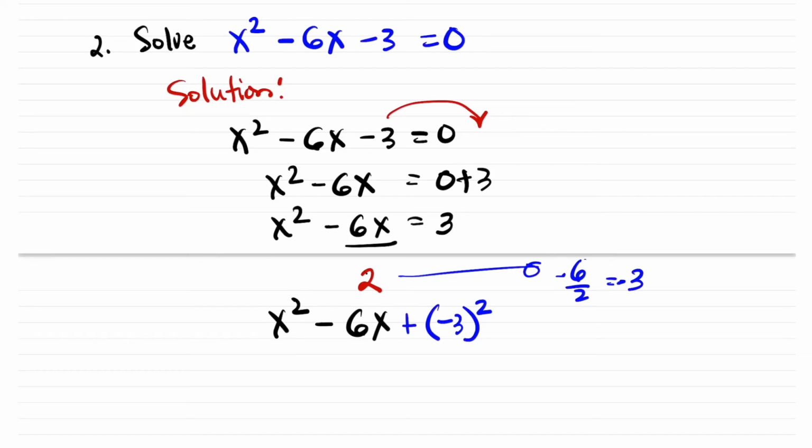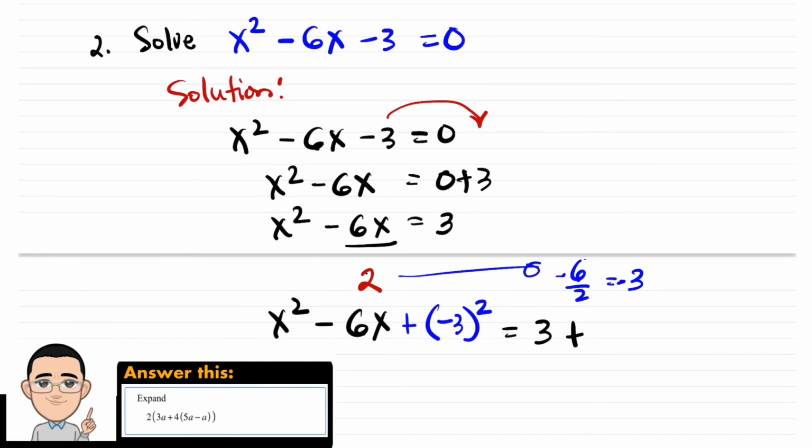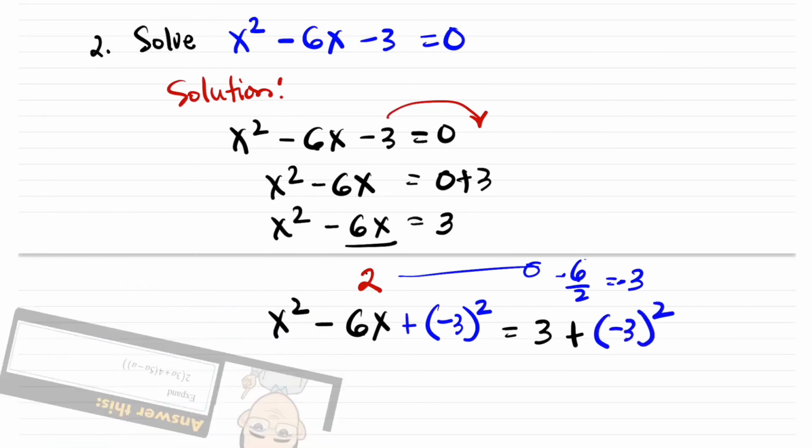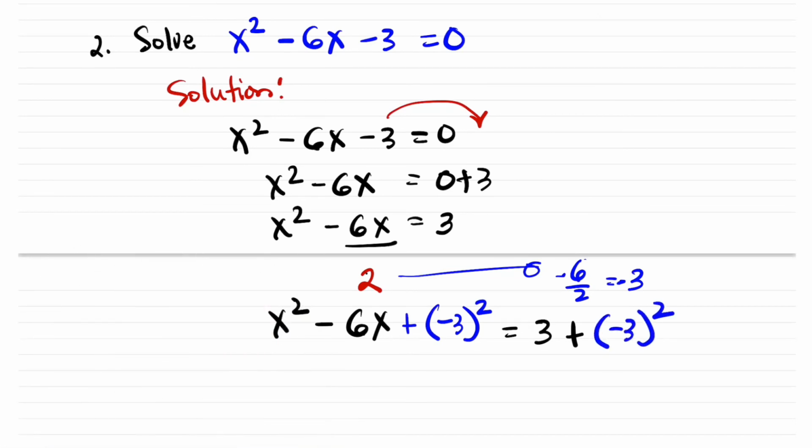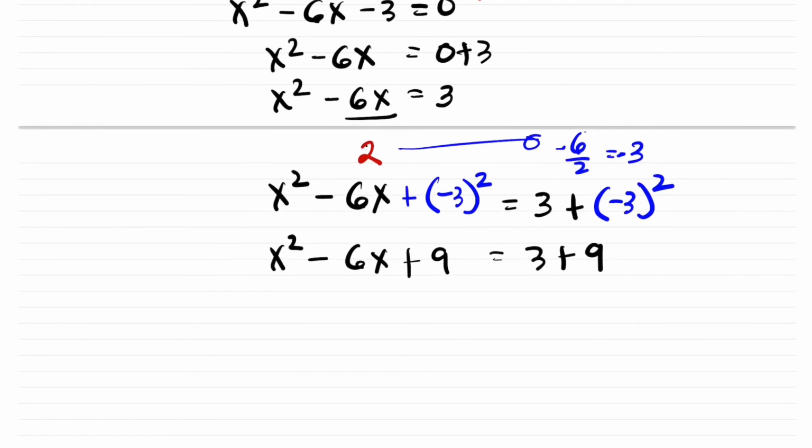Is equal to 3 plus, the same thing we add here, negative 3 squared. So same thing, we add this and we add it on the other side. Then we simplify further. We have x squared minus 6x plus 9 is equal to 3 plus 9. Next, we simplify again.